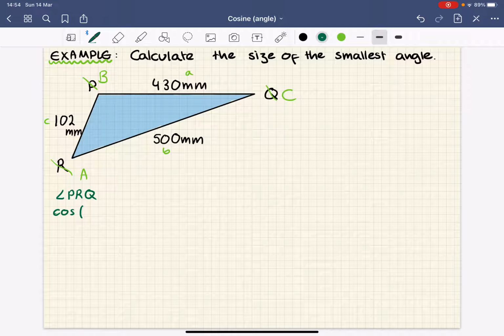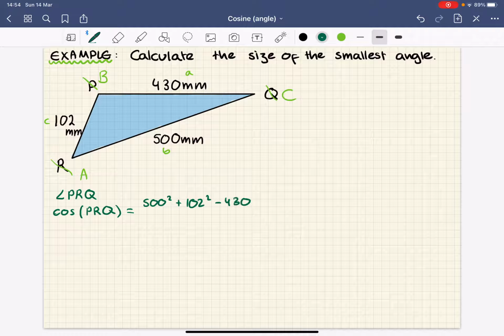So that cos PRQ is going to be that 500 squared plus the 102 squared minus that 430 squared all over 2 times the 500 times that 102.